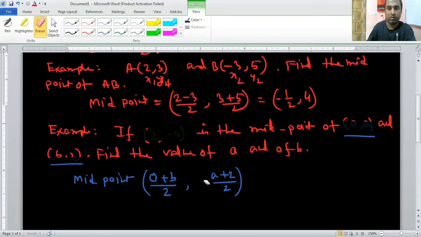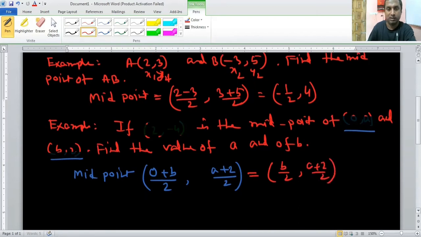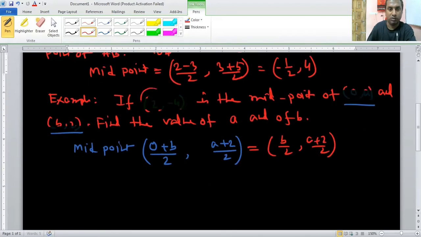Now this is B by 2 and (A plus 2) by 2 is equivalent to this one. So let me write here B by 2 equals 2 and (A plus 2) by 2 equals minus 4.